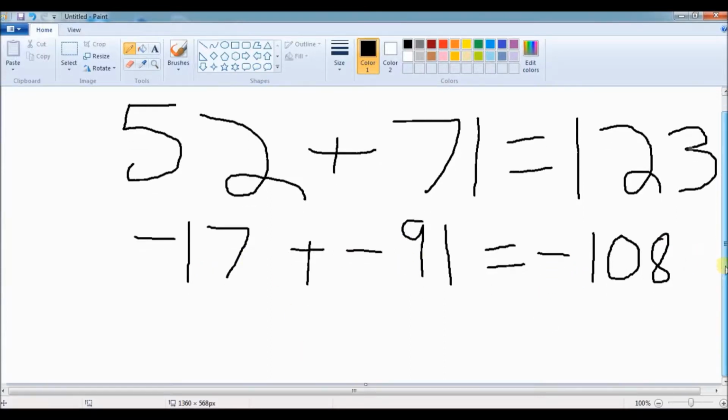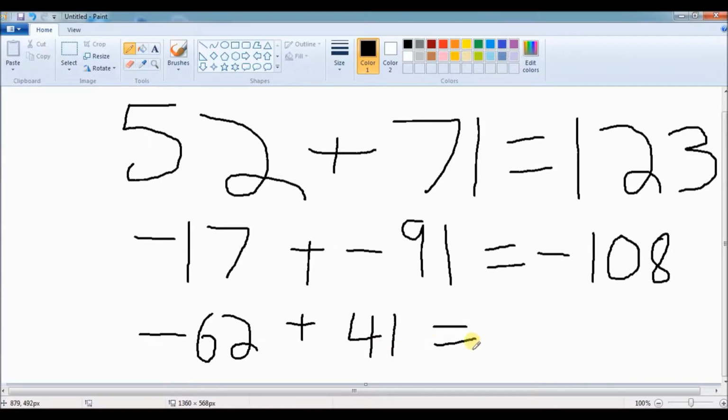Lastly, when we have different teams, negative 62 plus positive 41. Who wins? More negatives or more positives?